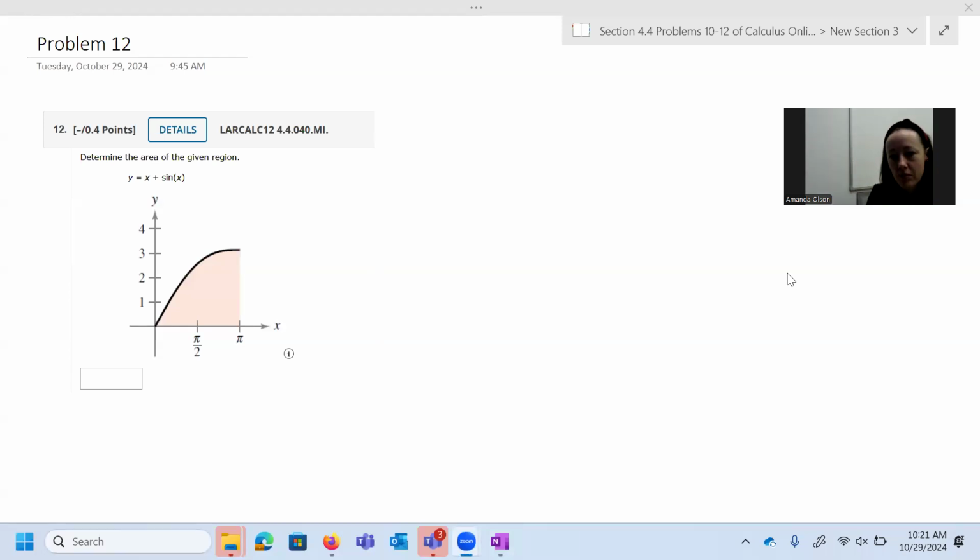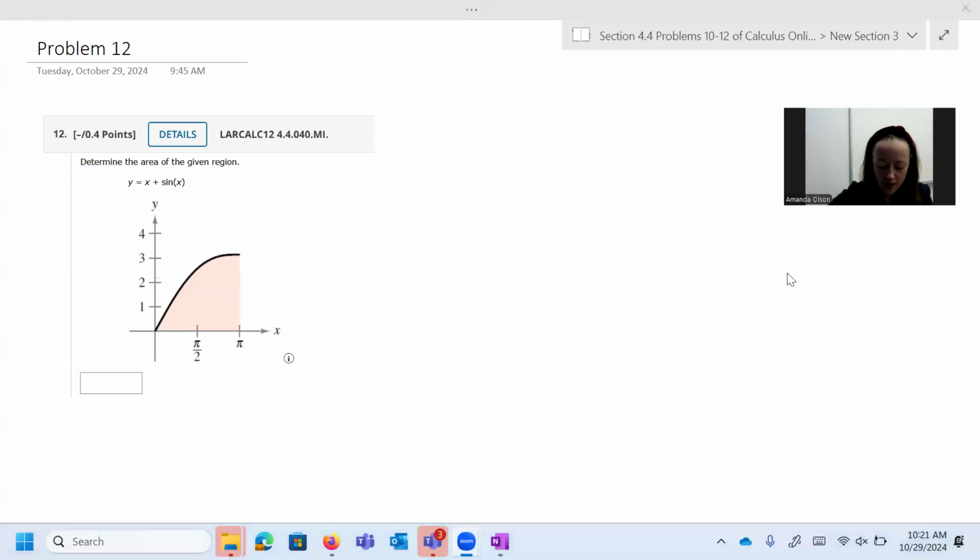We are looking at problem 12 from section 4.4 of our online calculus course. This problem asks us to determine the area of a given region, the region below the curve y equals x plus sine x. This problem provides us with a nice visual of the function.